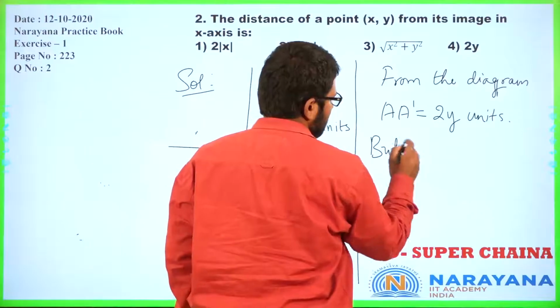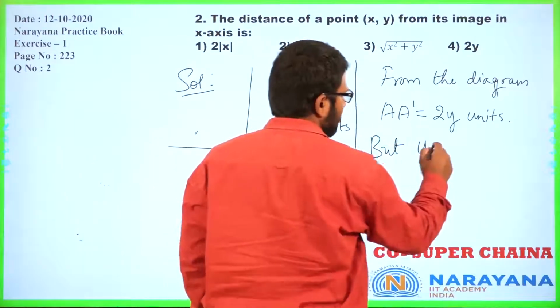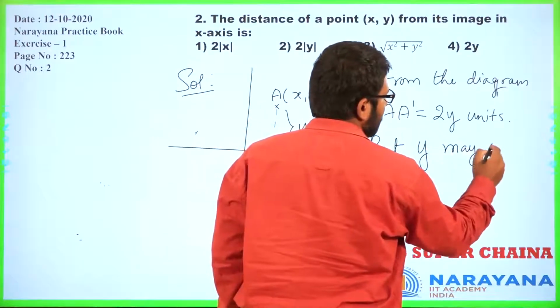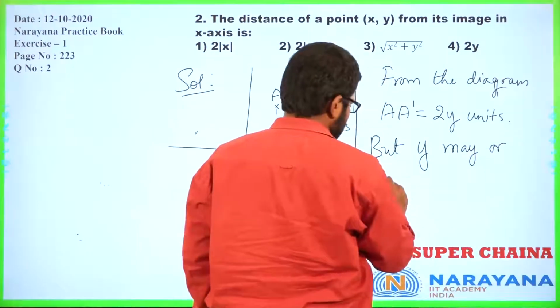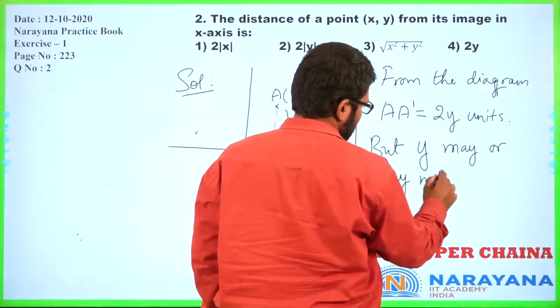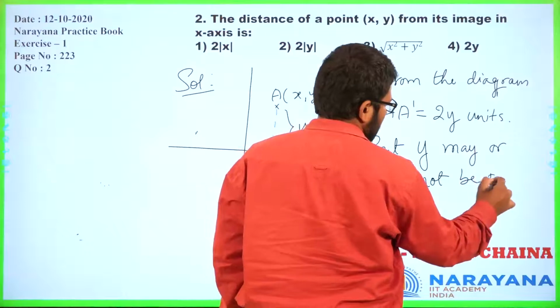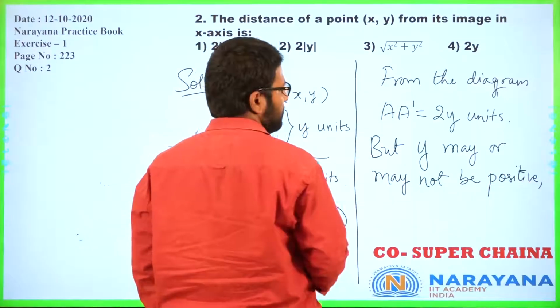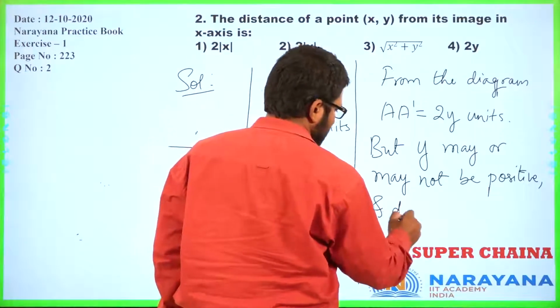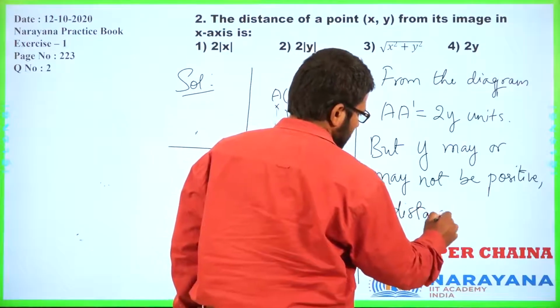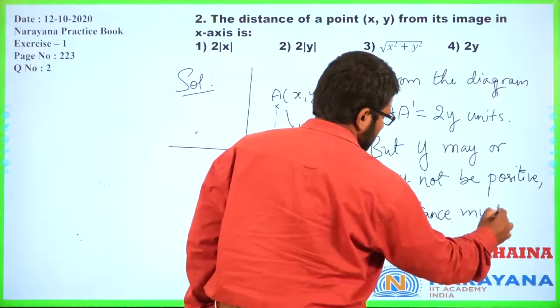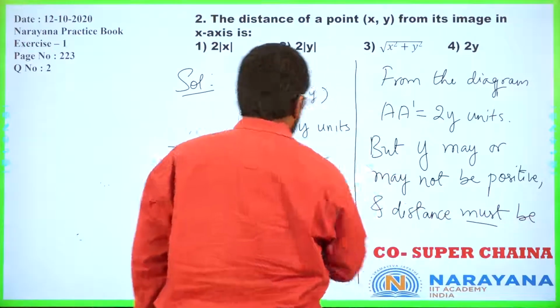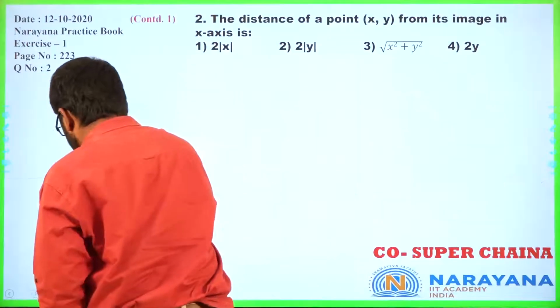But y may or may not be positive, and distance must be positive or 0.